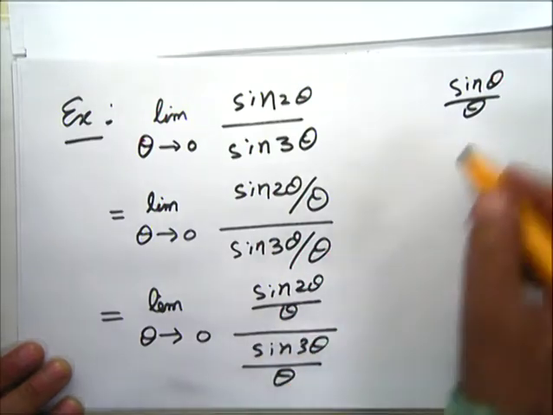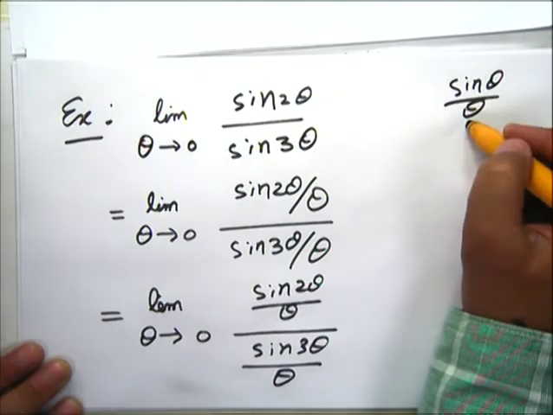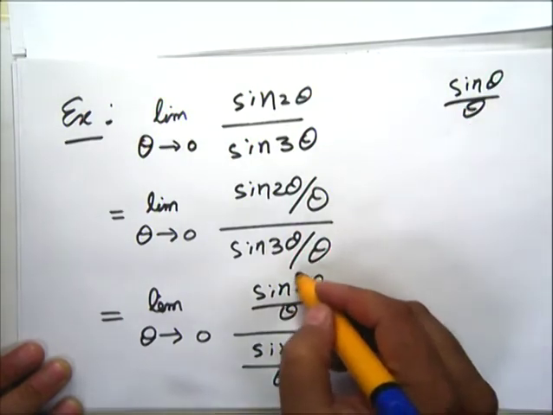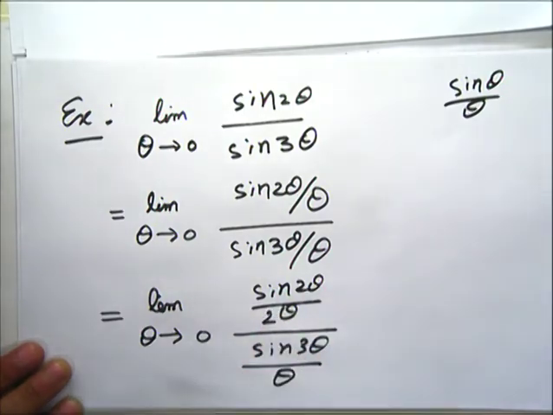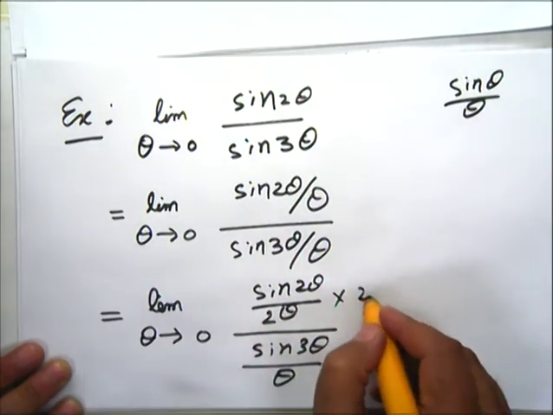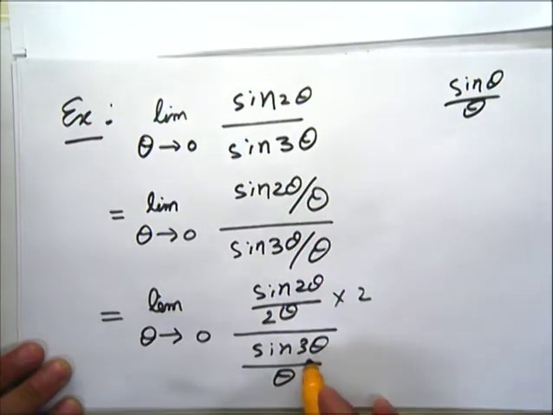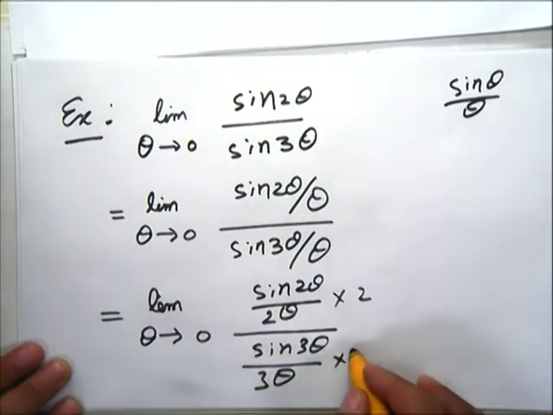But what is our formula? Sine theta upon theta. So here it is 2 theta, so we must have 2 here, so we can multiply with 2 here. Here it is 3 theta and here only theta, so we should multiply with 3 here also.